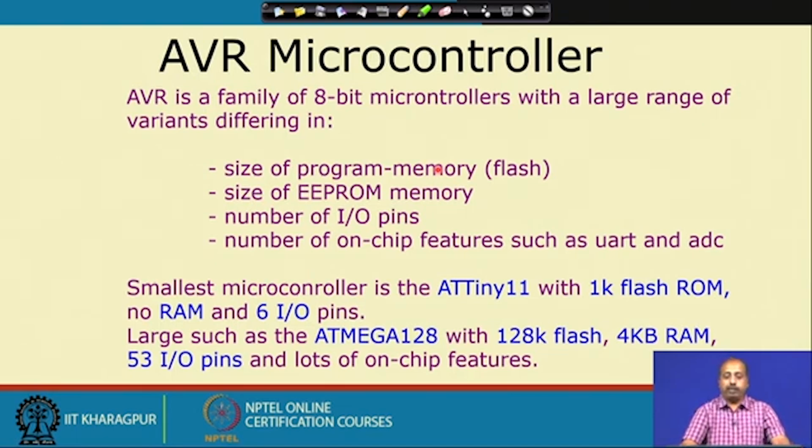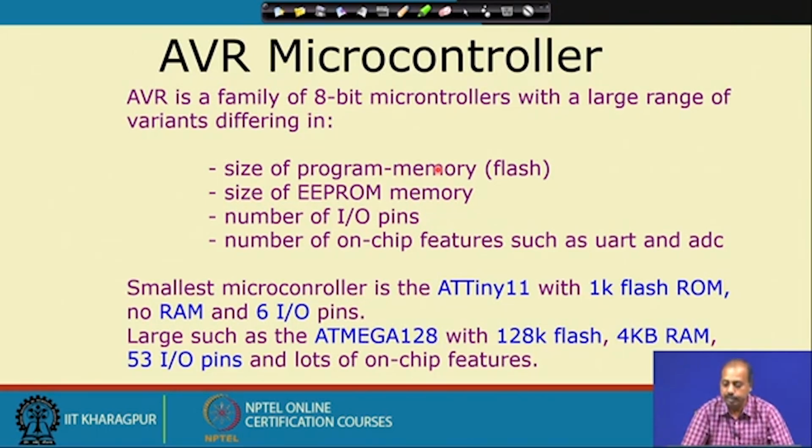So, AVR is a family of 8-bit microcontrollers with a large range of variants differing in the size of the program memory, the size of the EEPROM memory, the number of IO pins, and the number of on-chip features such as UART, the universal asynchronous receiver transmitter, and the ADC. The smallest of this series is AT-Tiny 11.